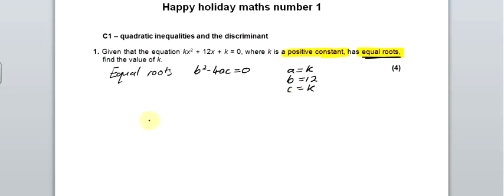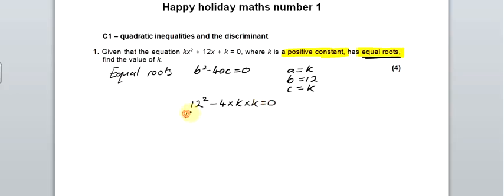And I'm just going to substitute. So b squared becomes 12 squared minus 4 times k times k, and all that equals 0.